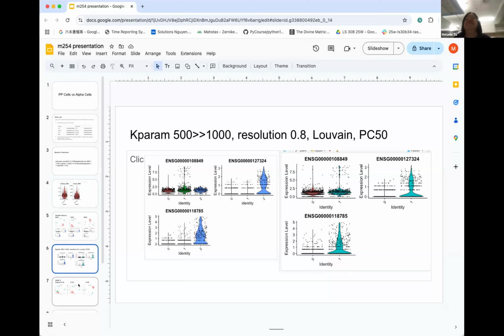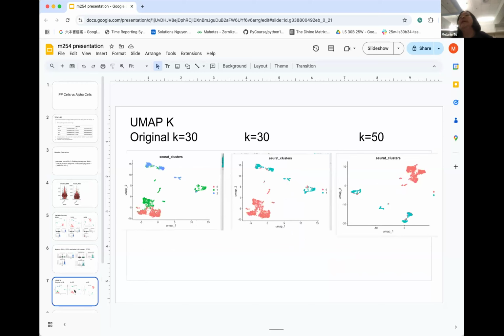And then when I felt satisfied with what I currently had, I grabbed the UMAP of it. On the far left, you can tell it's 3 clusters. That's when I had a K parameter of 1000, and the original was 3.